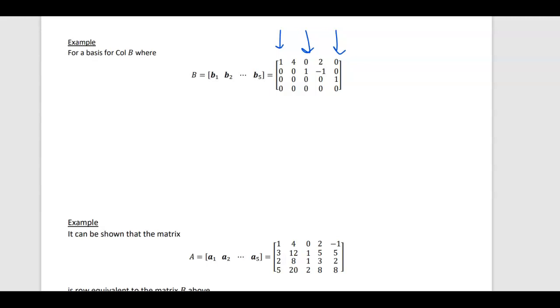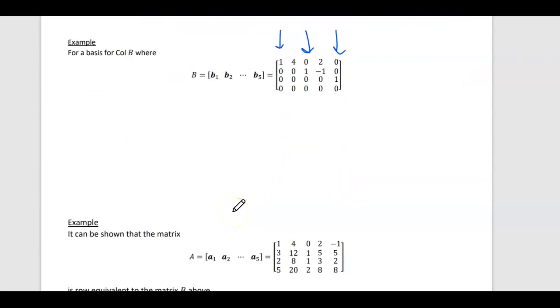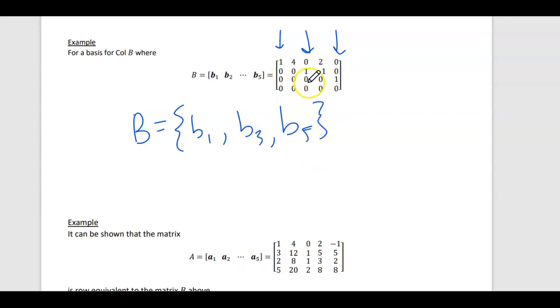Therefore, going back up to that definition, the pivot columns of matrix A form a basis for the column space of A. So that means that our basis must end up being B1, B3, and B5, because you can find any of the other columns as a linear combination of B1, B3, and B5.